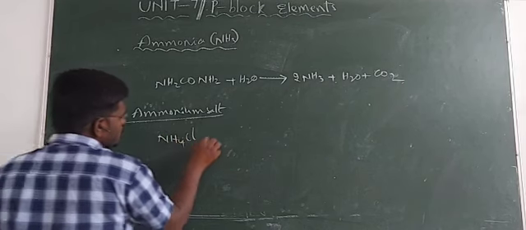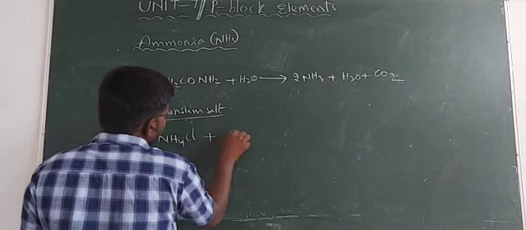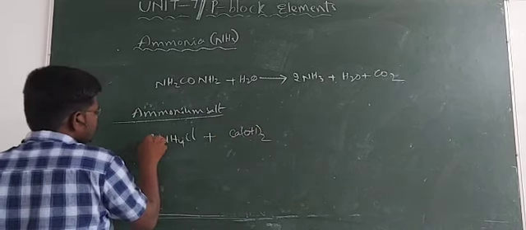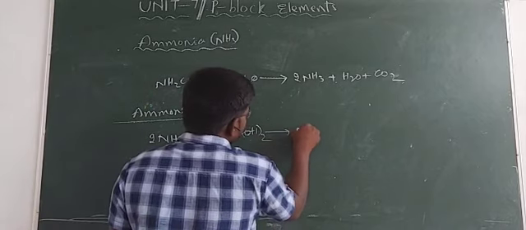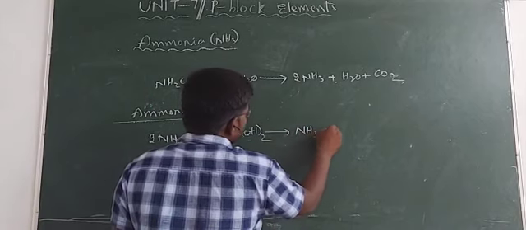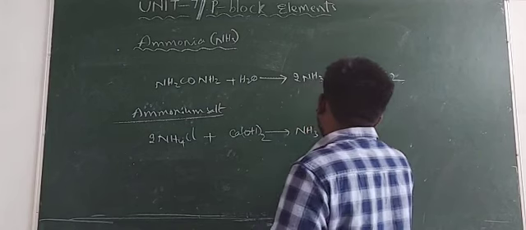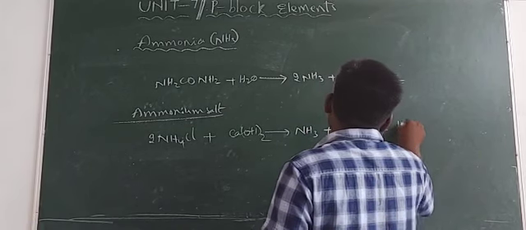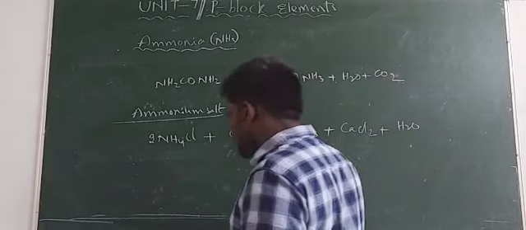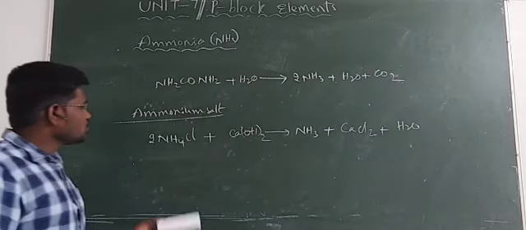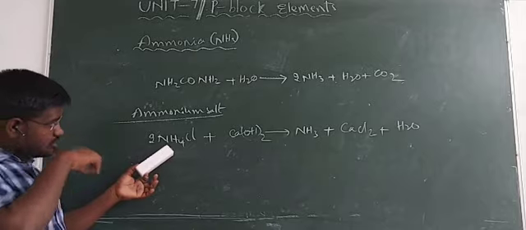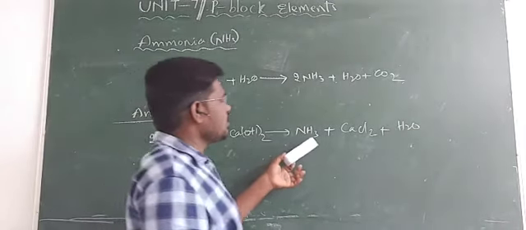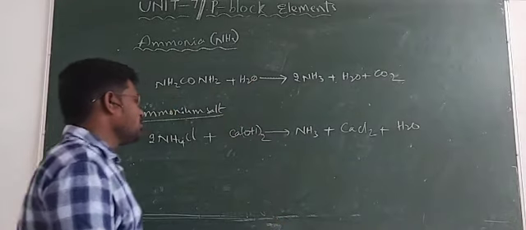When you treat NH4Cl with calcium hydroxide, Ca(OH)2, we get NH3 gas, CaCl2, and water. So from ammonium chloride, when you treat it with calcium hydroxide, we get ammonia and other byproducts are formed.